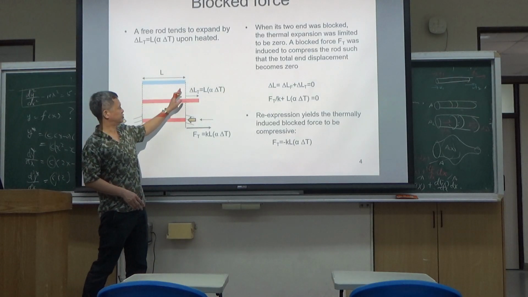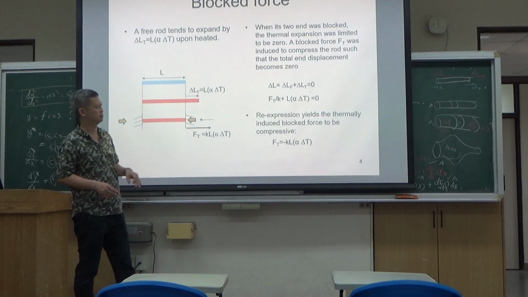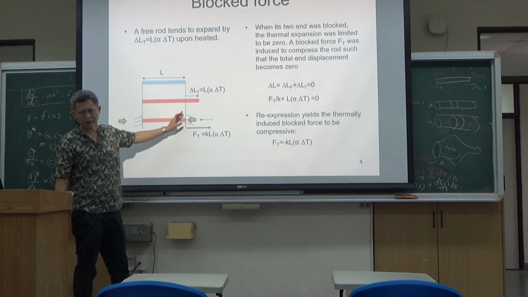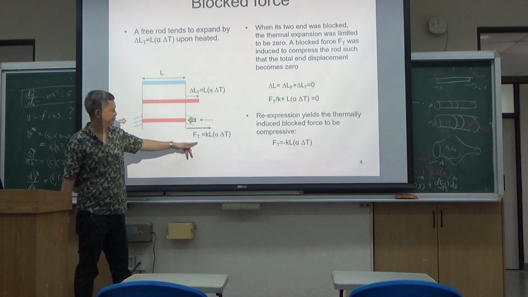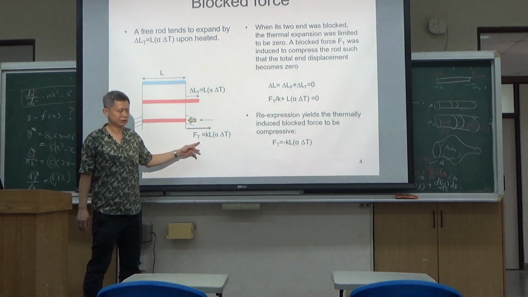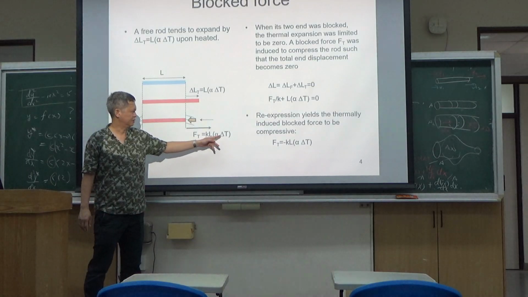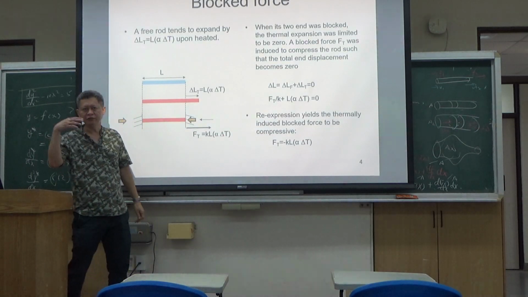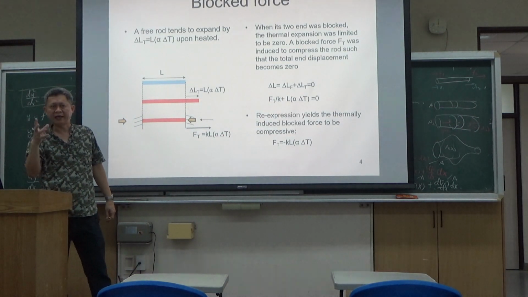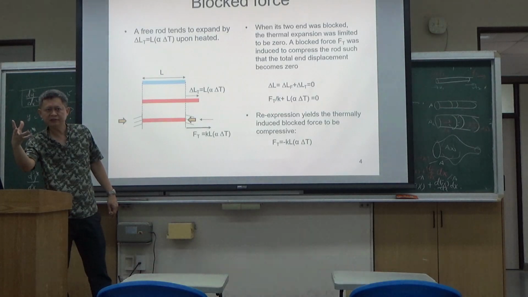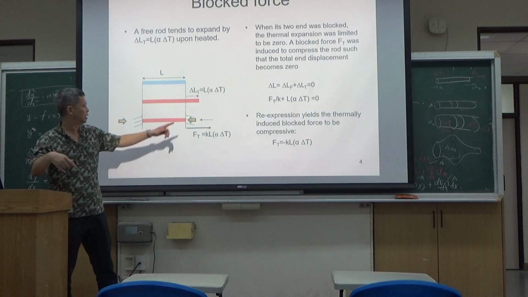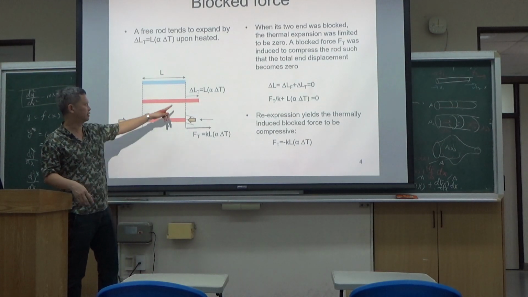Then next, how do you achieve the elongation by heating? If you block the rod, it will induce a block force, K L alpha delta T. So if you think the other way, can I make thermal expansion equivalent to a pulling force? Yes, you can think so.